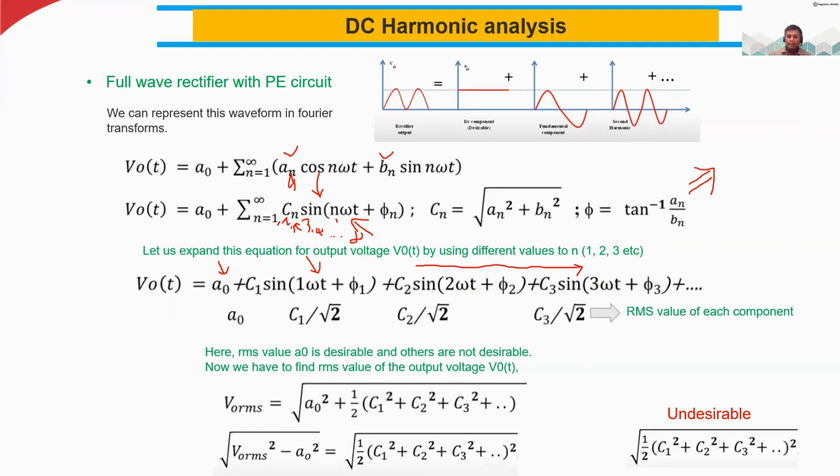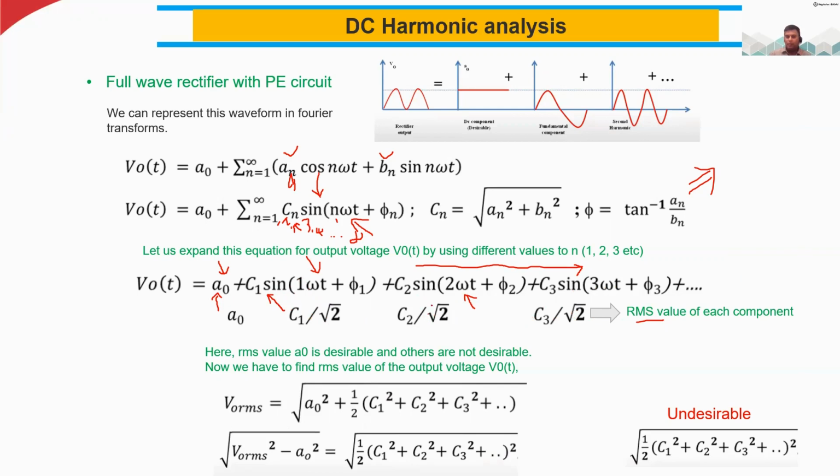Each component has its RMS value. A0 is the RMS value of the DC component, and C1 divided by square root of 2 is the RMS value of the fundamental component. C2 divided by square root of 2 is the RMS value of the second order harmonic component, and so on.